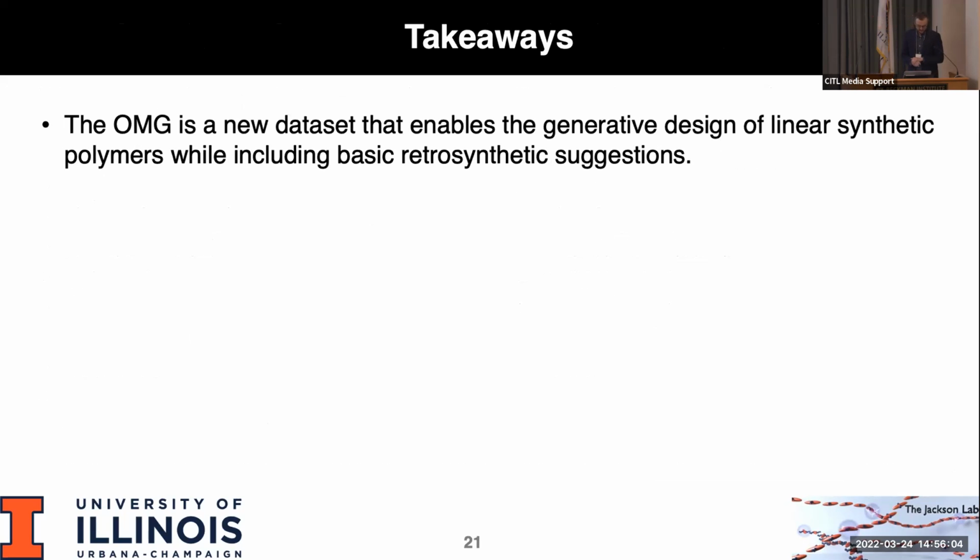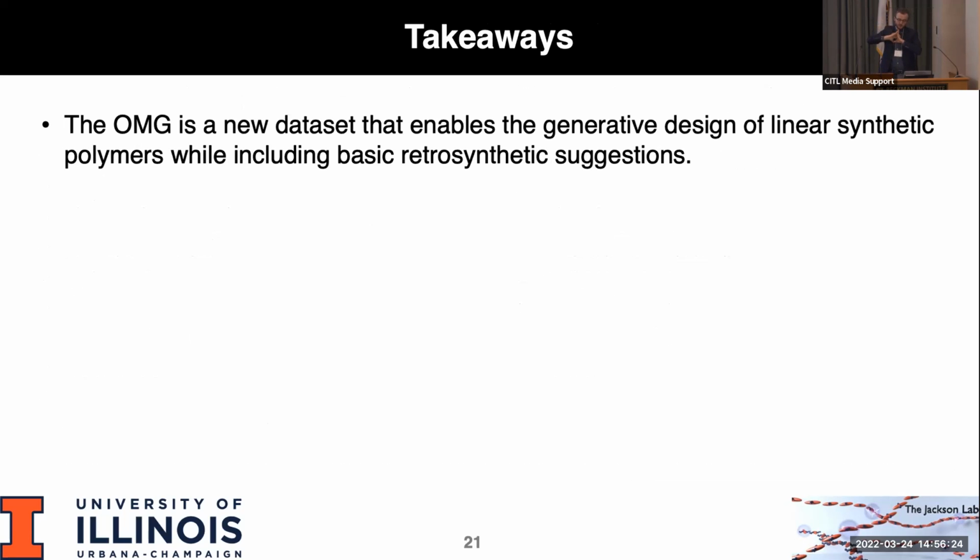If you take away a few points from this talk, I hope you take away that the OMG is this new data set that we're cultivating in our group that allows for generative design of polymers. The important point is that we include the capability for retrosynthetic suggestions.